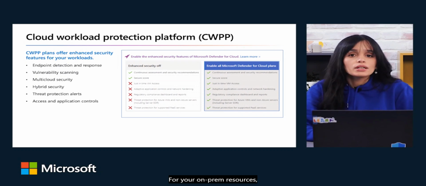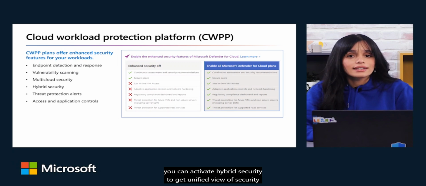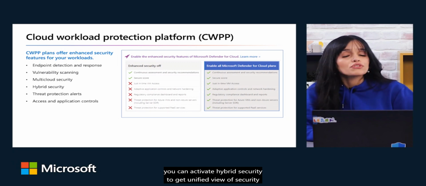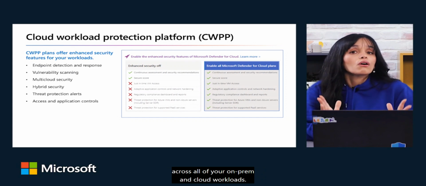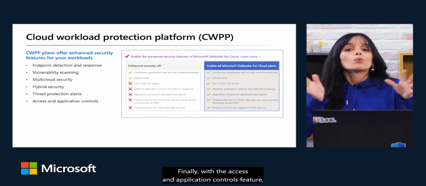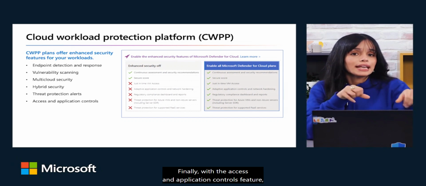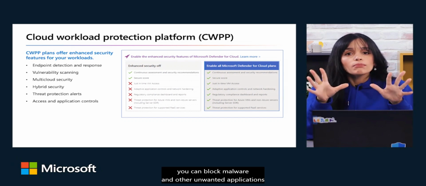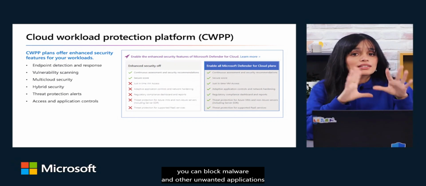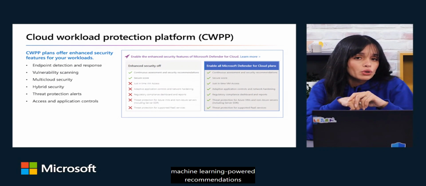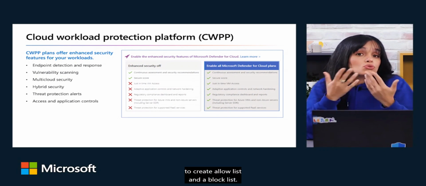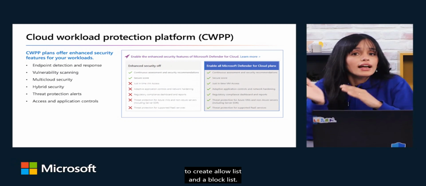For your on-prem resources, you can activate hybrid security to get a unified view of security across all of your on-prem and cloud workloads. Finally, with the Adaptive Application Controls feature, you can block malware and other unwanted applications by applying machine learning-powered recommendations adapted to your specific workloads to create an allow list and a block list.